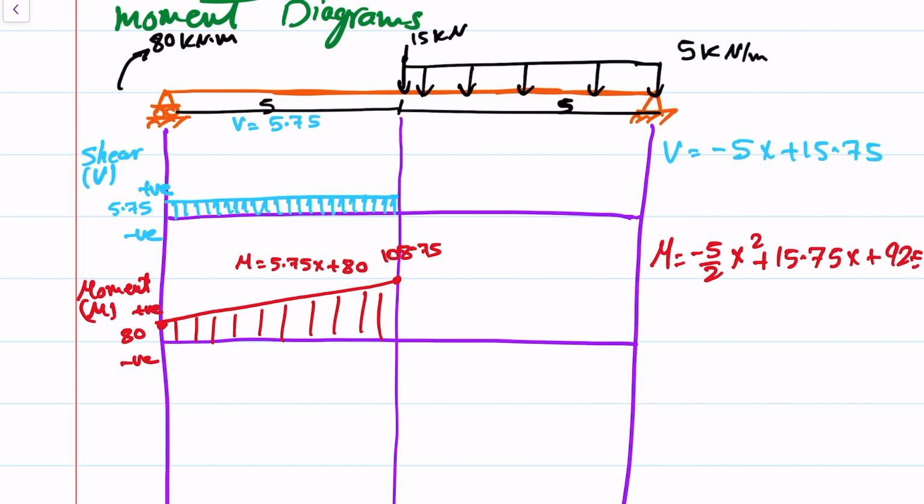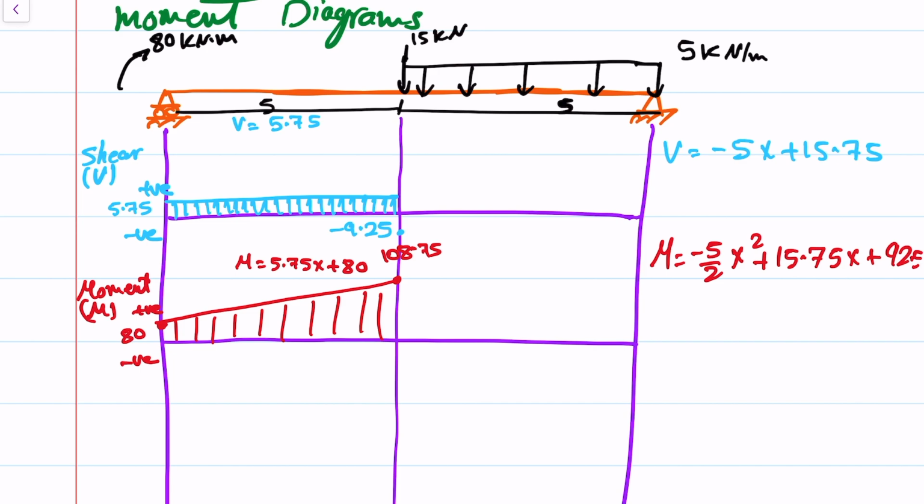Okay, so for the shear, in case of x equals 5, this will give you negative 9.25.